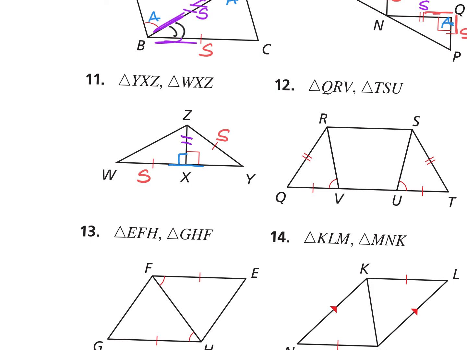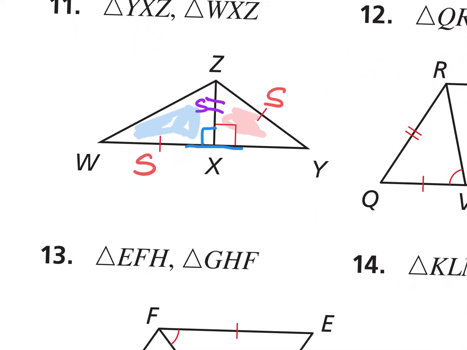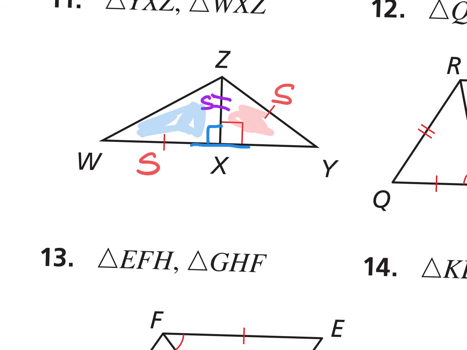Now, this side matches with itself, but notice the angle that is marked here as being congruent is not the included angle for both triangles. So the two triangles I'm asking you to try to prove is this one here to this one here. Now, in the blue triangle, this one is the included angle.